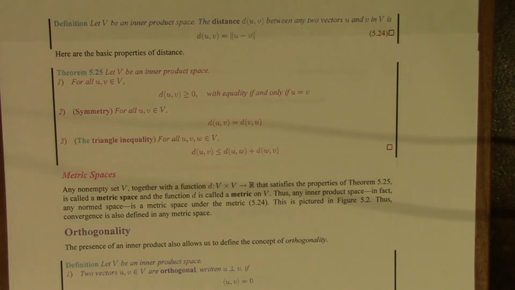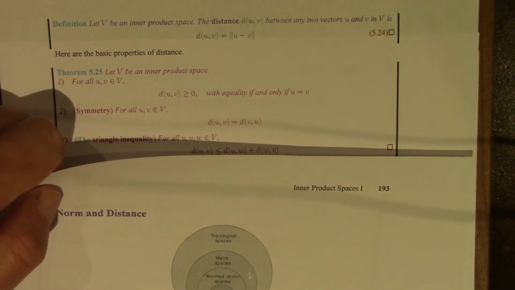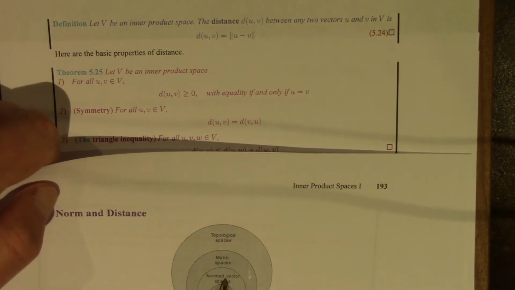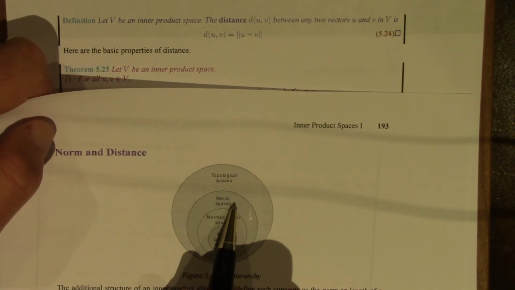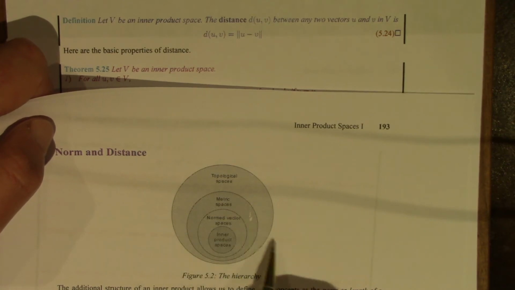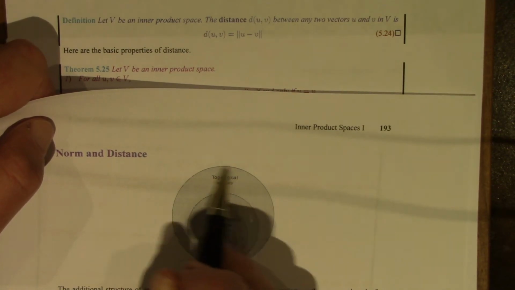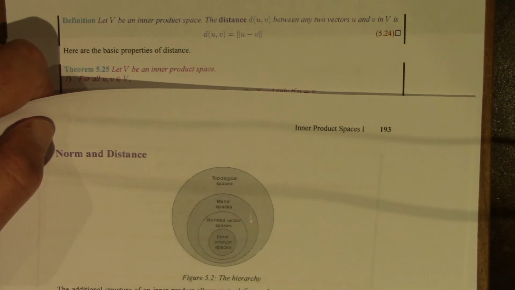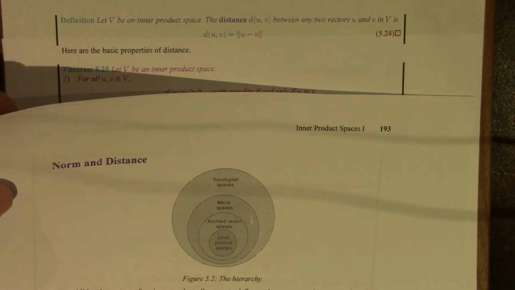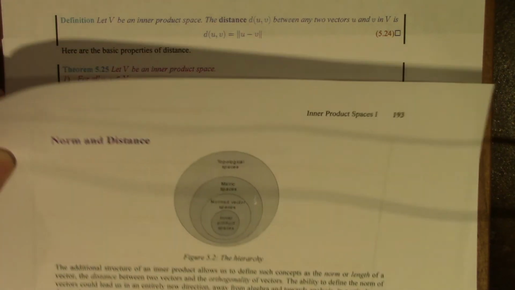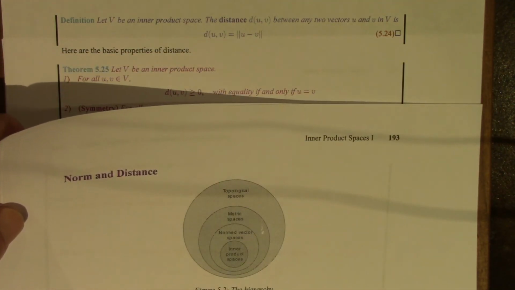And so that's the origin of this picture. Any inner product space is a normed vector space, and any normed vector space is a metric space. And all of these fall under the umbrella of topological spaces. I'm not going to define a topological space for you. That would take us way outside the scope of this course. But you can certainly Google that. The definition is not that complicated.